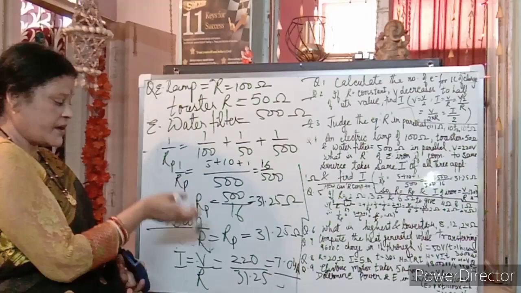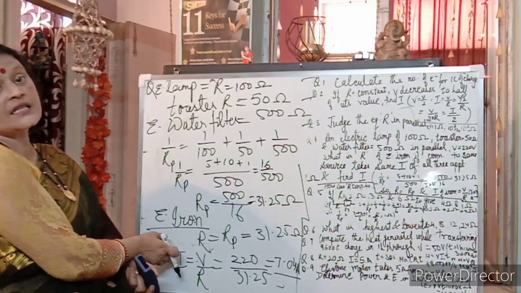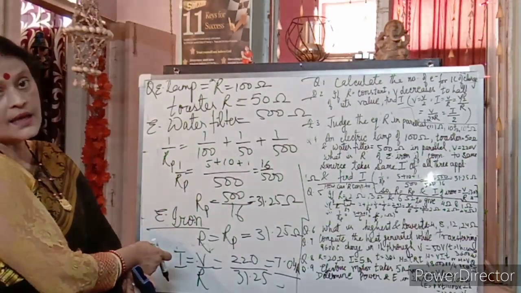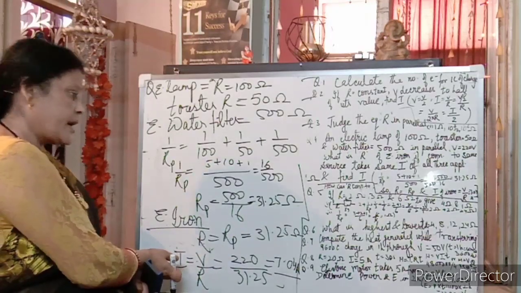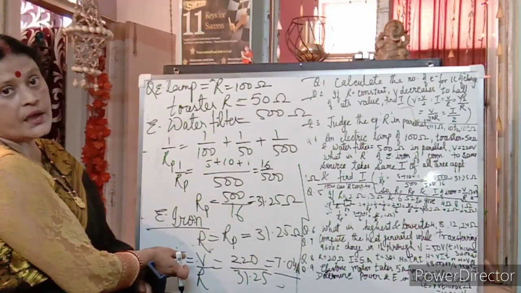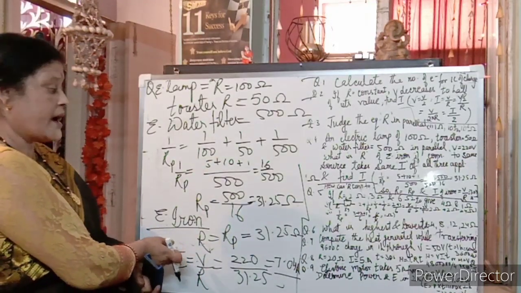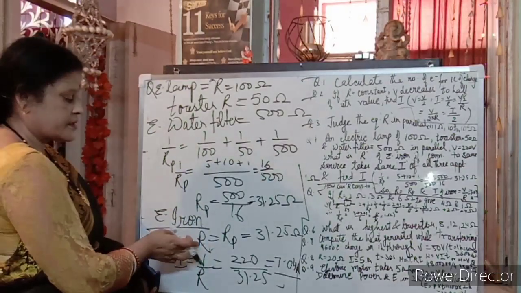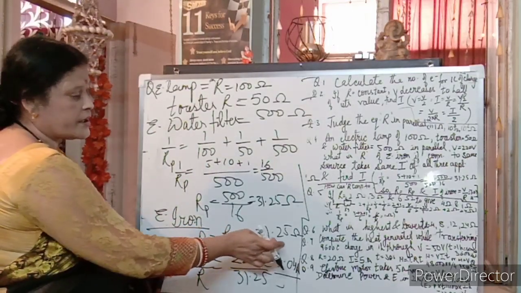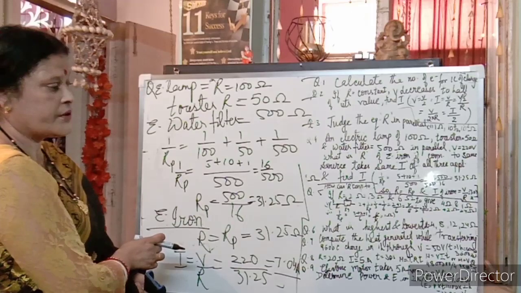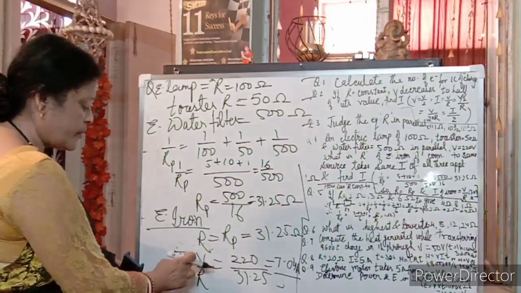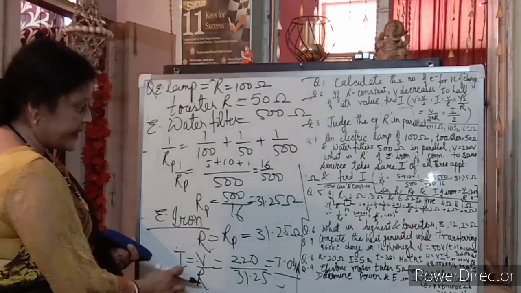To the same source we have applied this. We have not changed any voltage or resistance. Then the same current will flow through the iron. Right? Because R is equal to RP, which is equal to 31.25. So V upon R, this is for the iron.